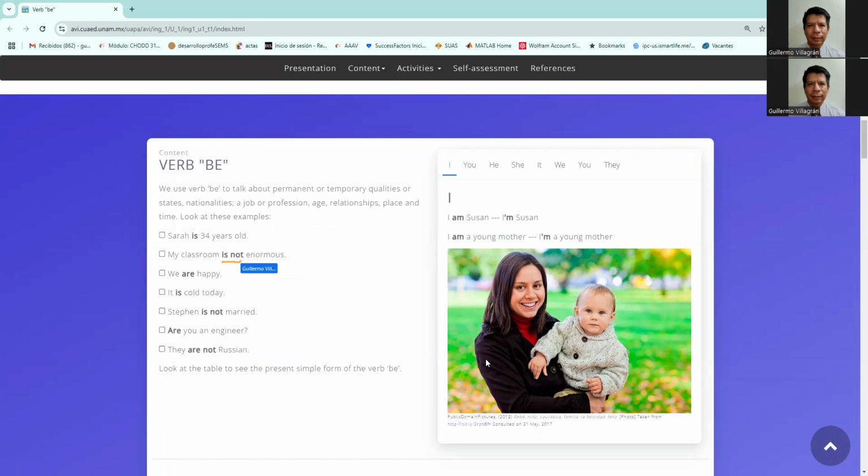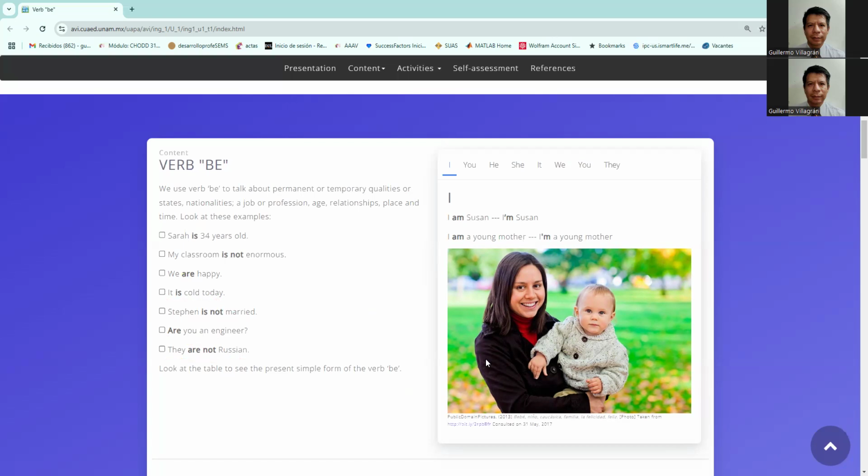This is a negative. Well, we are happy. This is the verb are. It is cold today. Stephen is not married. Are you an engineer? They are not Russian.